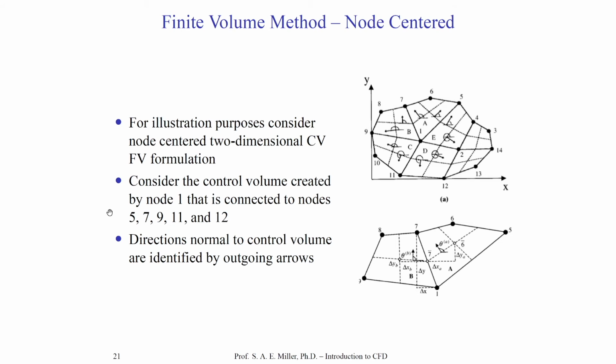So this node will have these connecting nodes also: 5, 7, 9, 11, and 12. You can see that in this set of equations. Now, we would also pull out that particular element and find, for example, in elements A and B, the corresponding normal vectors along the elemental face. You can see that one-to-one pull out.